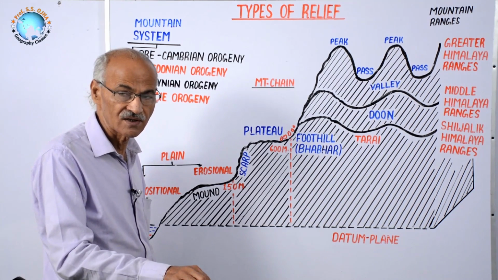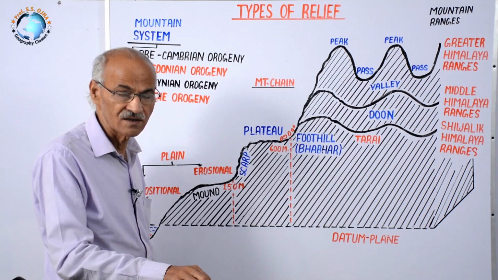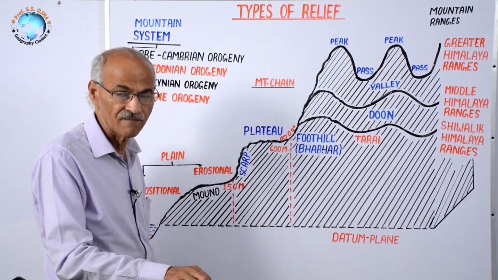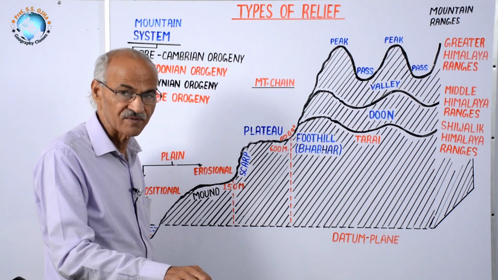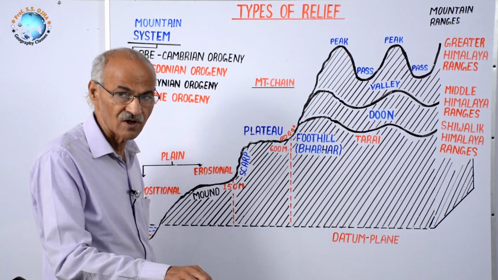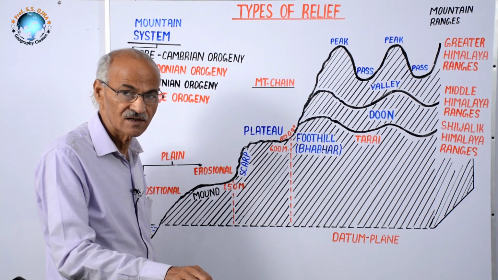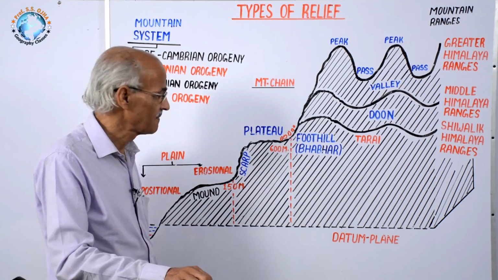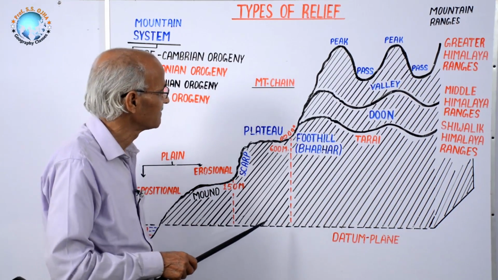When the Indian plate moved northward, its northern margin subducted below Tethys Ocean, and the northern part made pressure below the Tibetan plateau, with the result the Tibetan plateau was raised exceptionally. That's why its height is more than the defined.